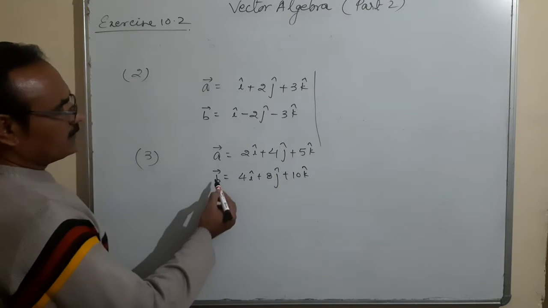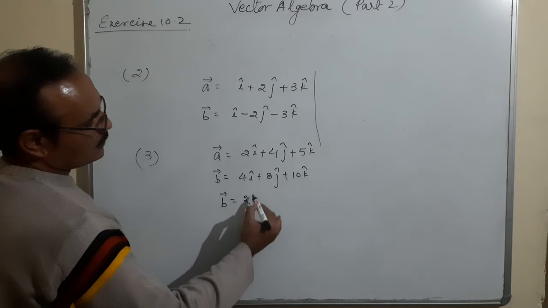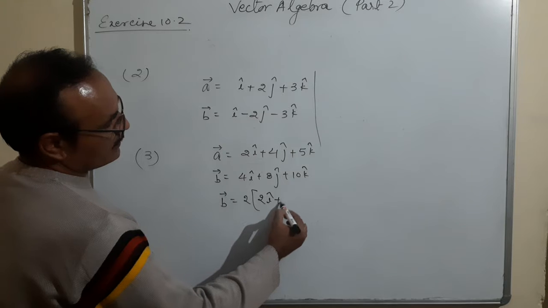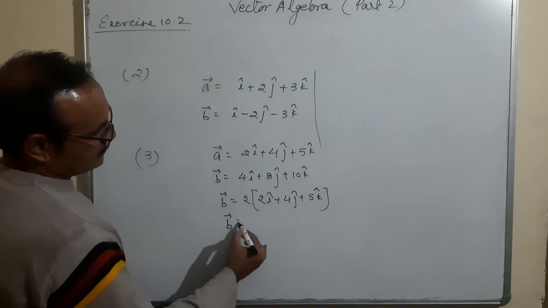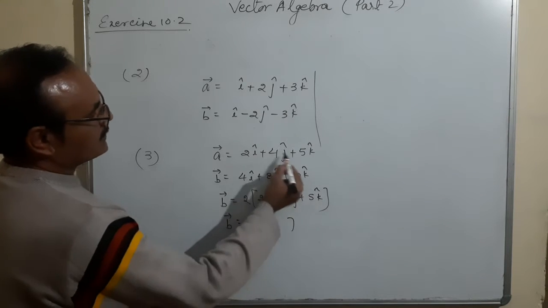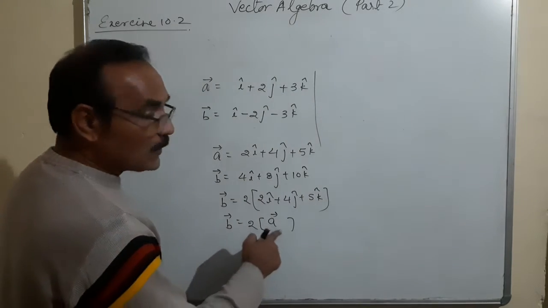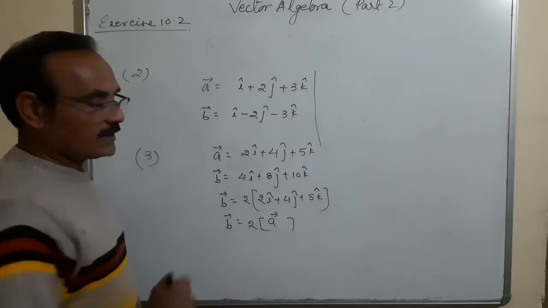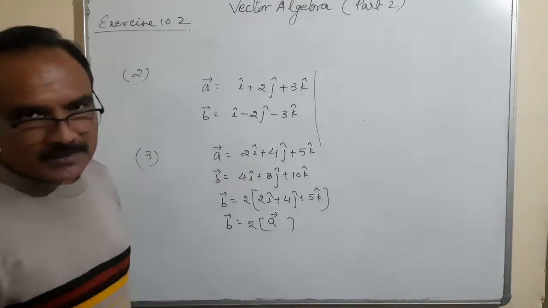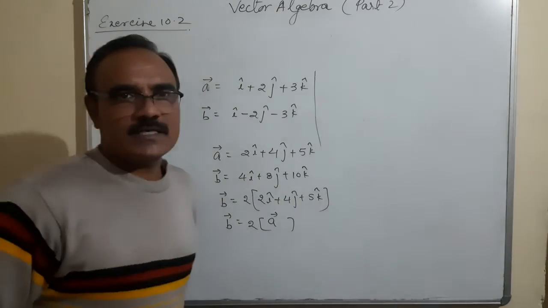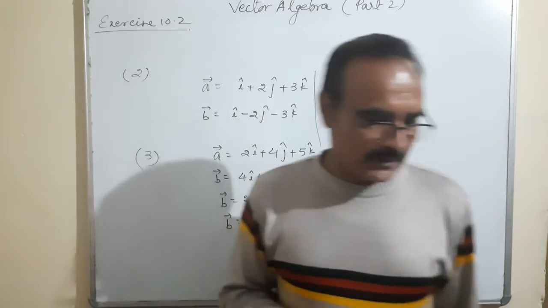Now, vector B, can I take 2 common from here? When I take 2 common, it is 2 times (2i plus 4j plus 5k), and this is the value of vector A. So vector B is equal to 2 vector A. What does it mean? They are different, but their directions are the same. Both the vectors have the same direction. This is the example which we can take. You can use any other example; numerical values can be anything else. No problem.